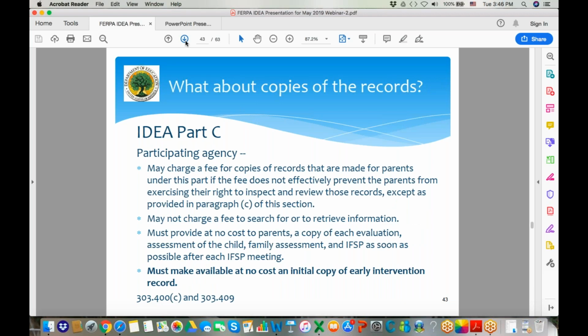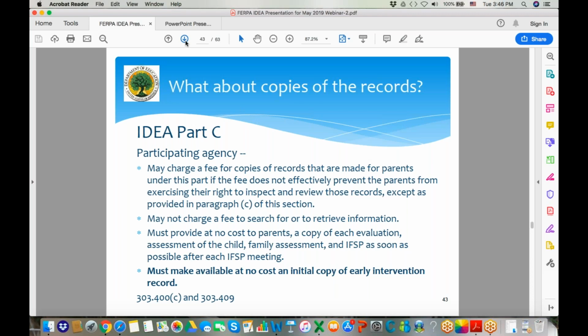In addition, parents have the right to copies of the early intervention records. They must receive at no cost a copy of the evaluation, the child and family assessment, and the IFSP as soon as possible after each IFSP meeting. And for any records beyond that, including an initial copy of the early intervention record, which also must be available at no cost, that's the last bullet.